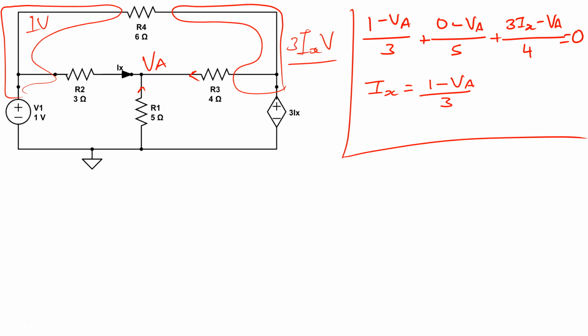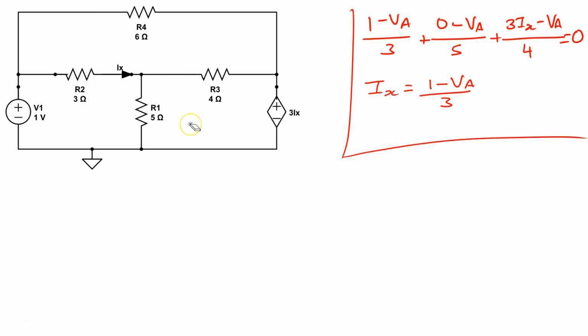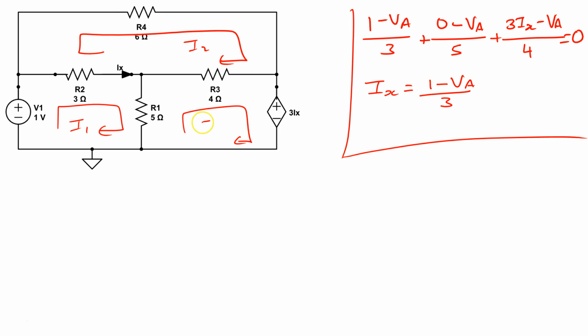If I do the same thing now with the loops, I'm going to erase this and I'm going to draw in my loops. So I'll pick the same loops again: I1, I2, I3. So I'm going to write the equation for the I1 loop, and this time I'm going to go around the other way.